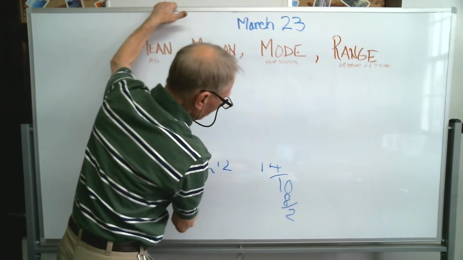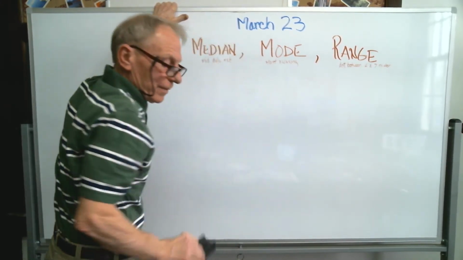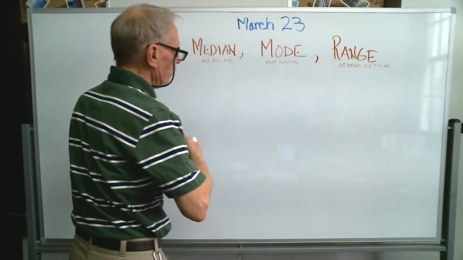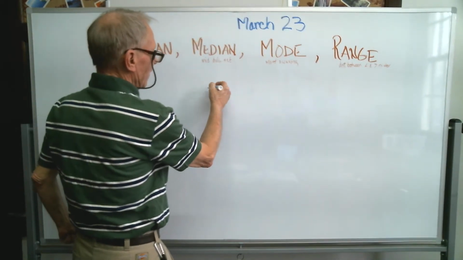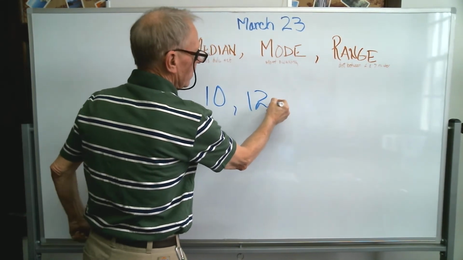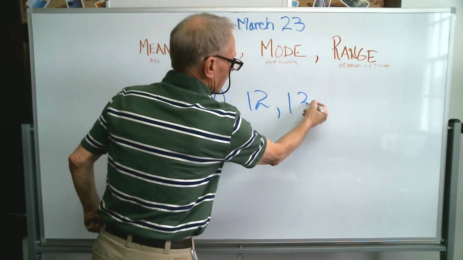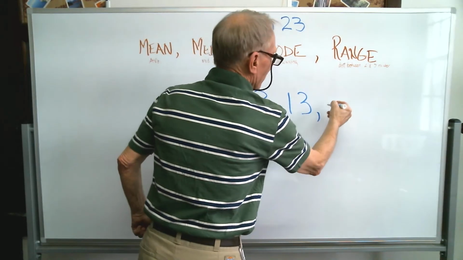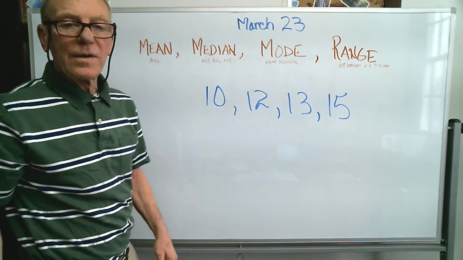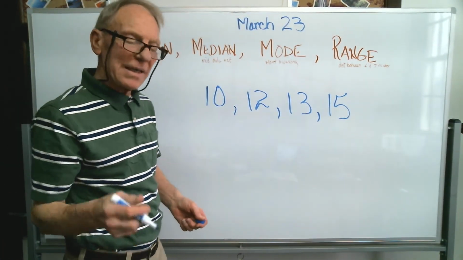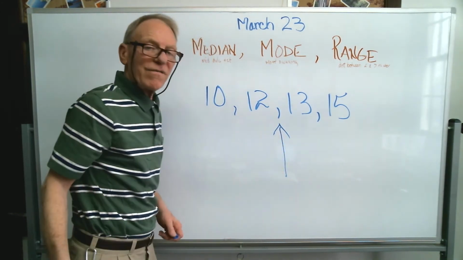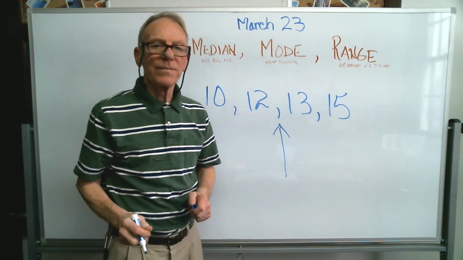The next term is median. Now, if we use the same numbers, 10, 12, 13, and 15, to find the median, by definition, the median is the number that falls right in the middle.